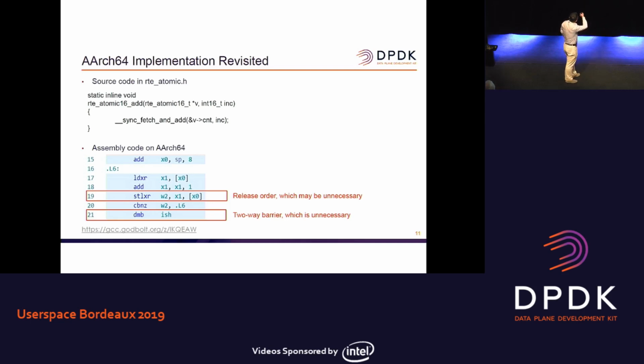And even for the store release, this release order is sometimes required for some use cases. But for other use cases, for example if it is used for statistics, it is not necessary. It can be removed. So C11 atomic APIs provide such flexibility.